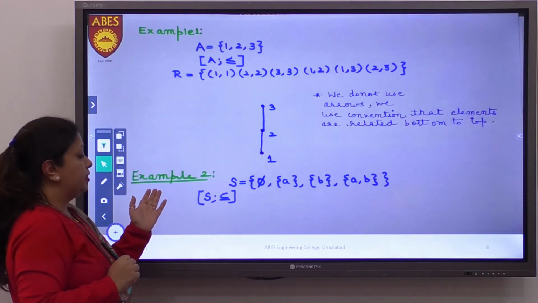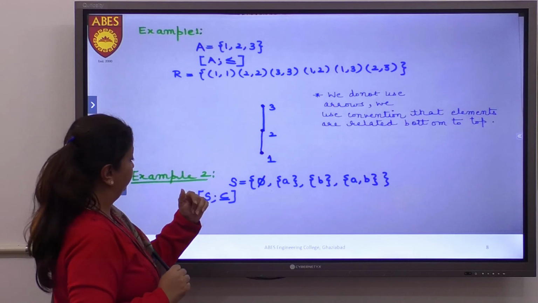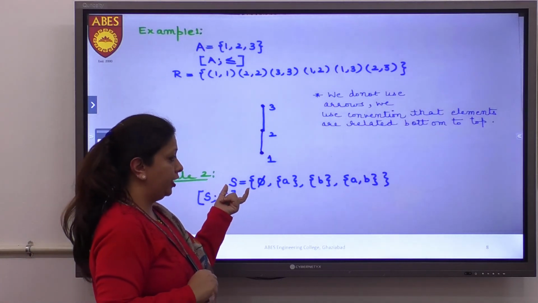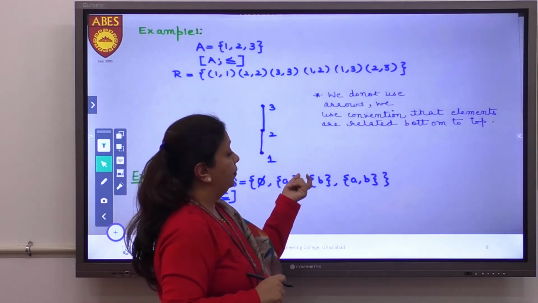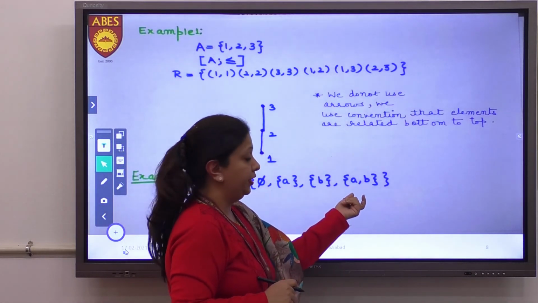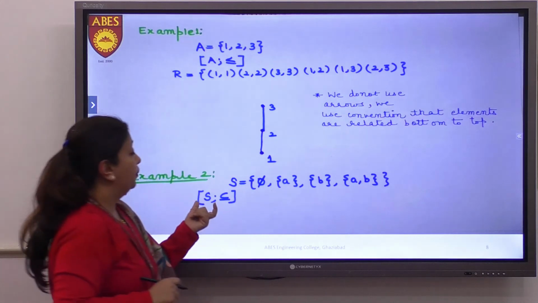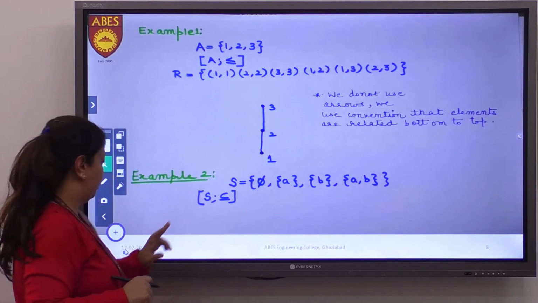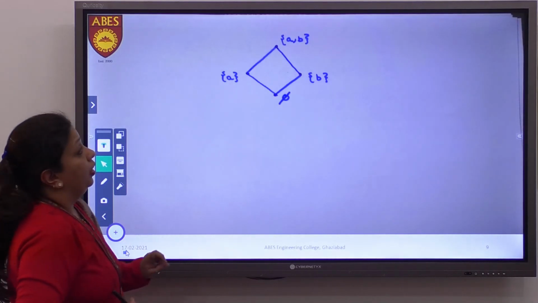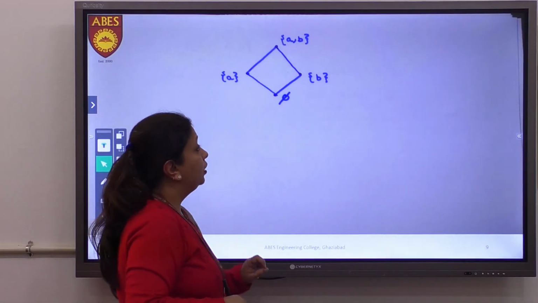This is a second example for the Poset diagram. Suppose I have a set S that contains the elements phi, set A, set B and the set containing the elements A, B. The poset is defined as S with the relation subset. How are we going to draw the Poset diagram?